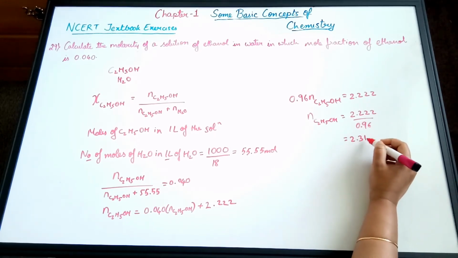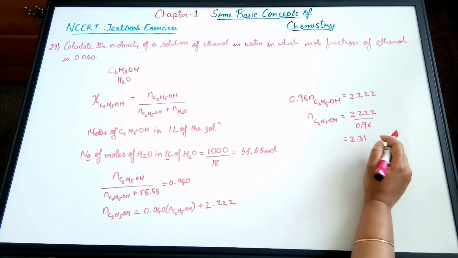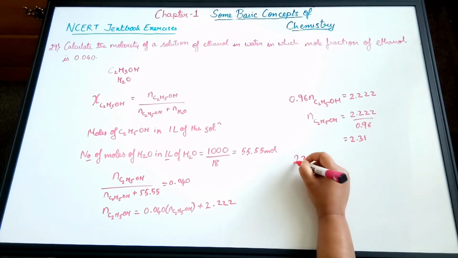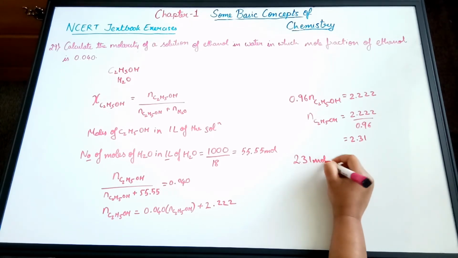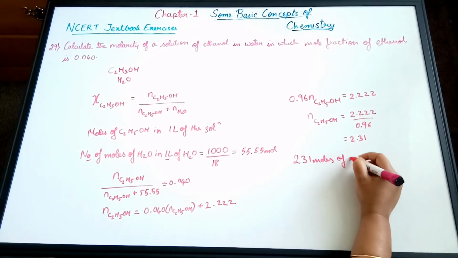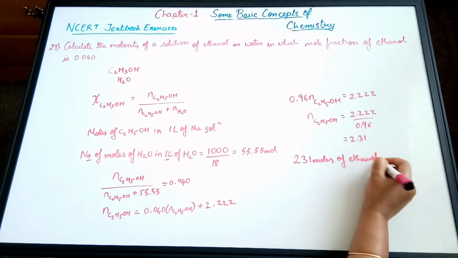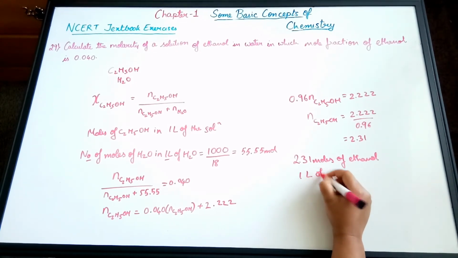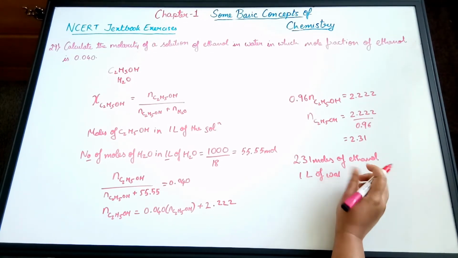So the number of moles of ethanol is 2.31. So 2.31 moles of ethanol is in 1 liter of water, or 1 liter of the solution.